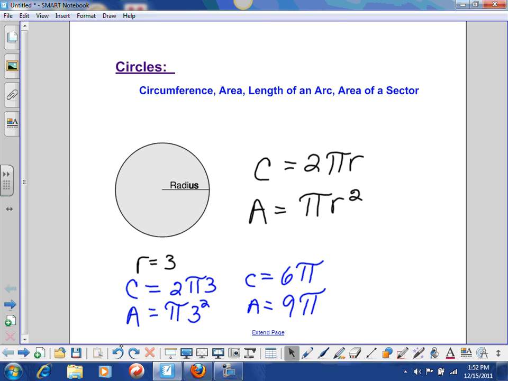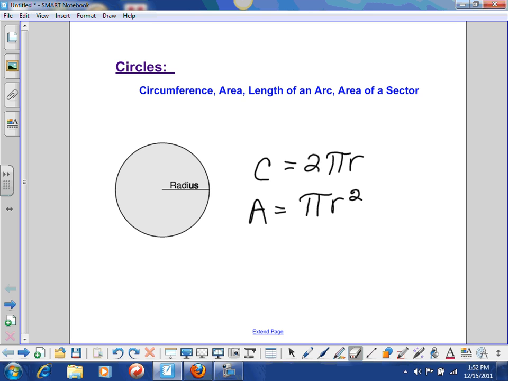But now let's talk about arcs and areas of a sector. Now let me explain the difference. An arc is something that's just going to go around the outside. Let's say I wanted this length of the arc.